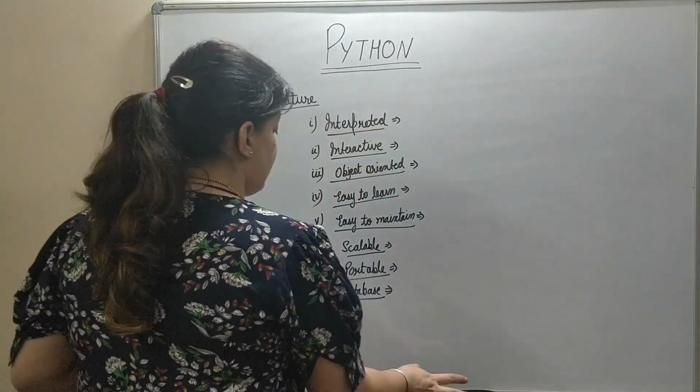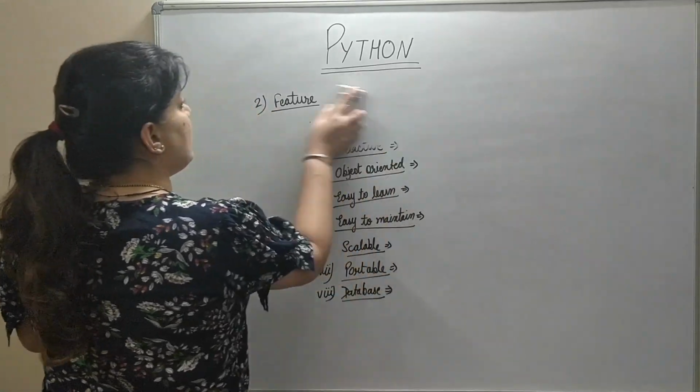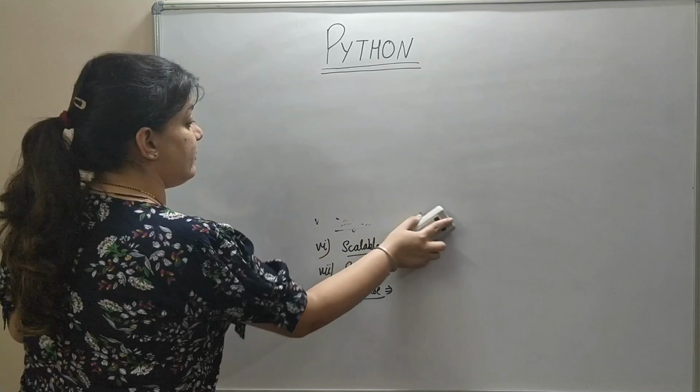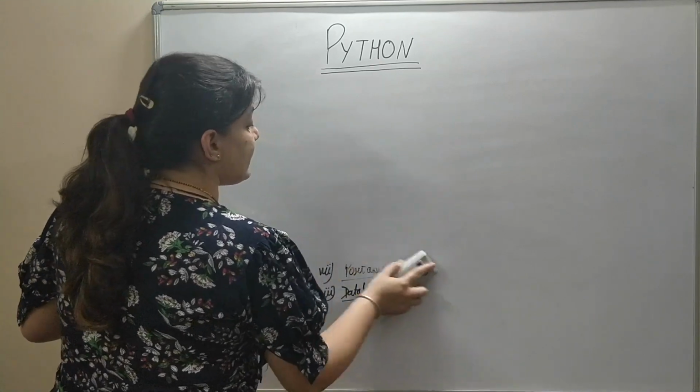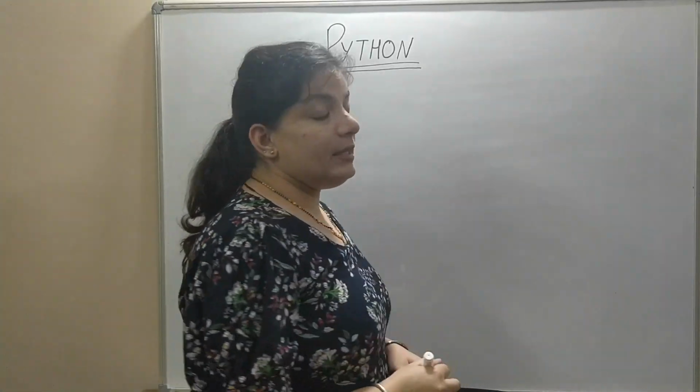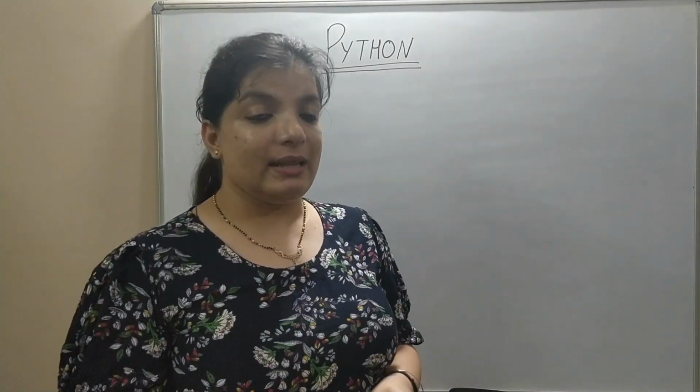Now the next topic is how it is different from other programming languages. So in this I will take an example of a program to print hello world that I have discussed in my previous tutorial also.